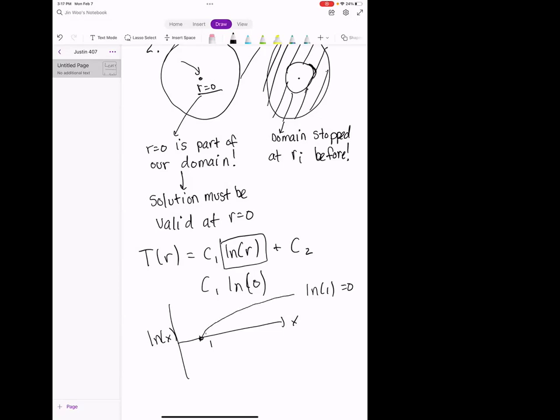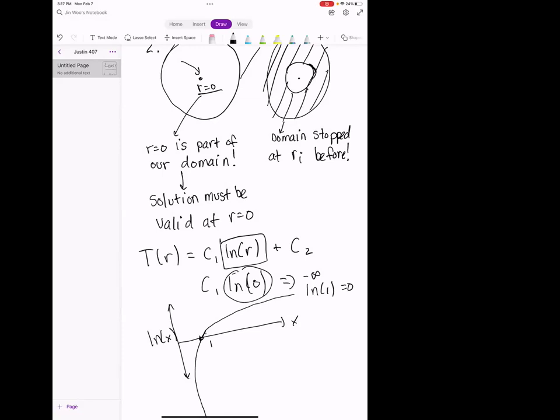But as you approach 0, it does this. And so the natural logarithm of 0 is actually minus infinity, if you can even call it that. It's actually undefined, but we call it minus infinity just to give it some kind of intuition.